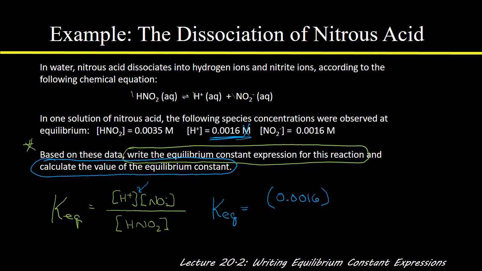Next is the concentration of nitrite ions, which is also 0.0016. It's important that the concentration is in molarity. You won't get the right answer if it's not in molarity, although we're going to leave the units off.